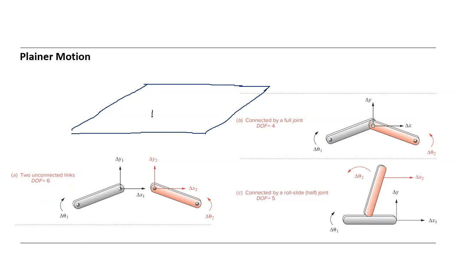Okay, so on the plane, this object, we want it to make planar motion. So what does it mean?